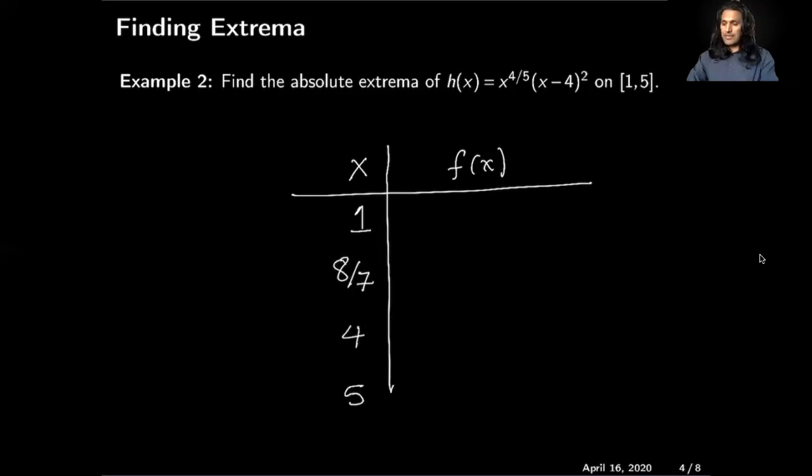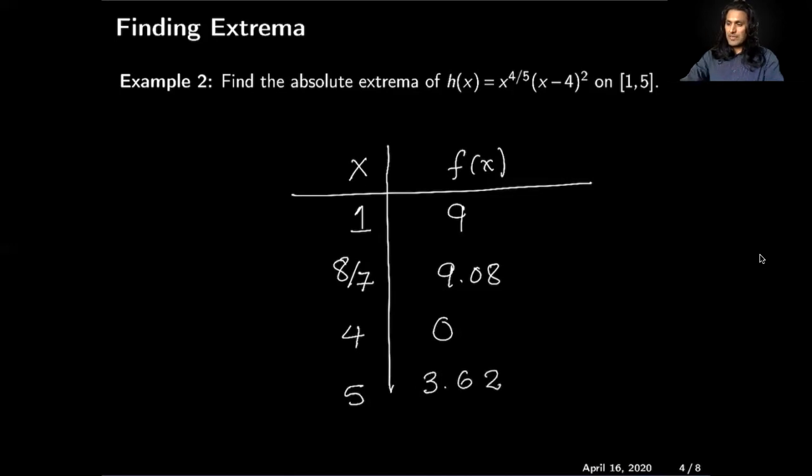Then I will calculate my y values. If I plug 1 into the function, I get 9. If I plug 8 over 7 into the function, I get 9.08. If I plug 4 into the function, I get simply 0. And if I plug 5 into the function, I get 3.62.